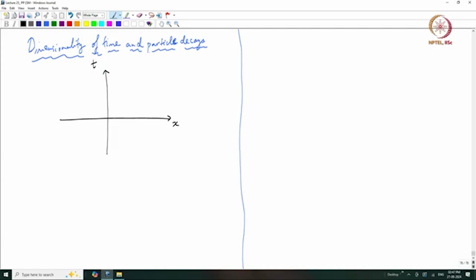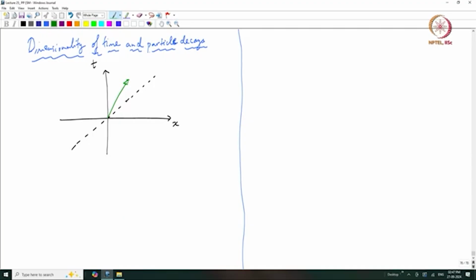I am just drawing a space-time diagram in 2-dimensional space, and this is the null vector at 45 degrees, correct? I am going to start by considering a time-like vector. Starting from the origin I have a time-like vector with this direction and this magnitude. Alright.